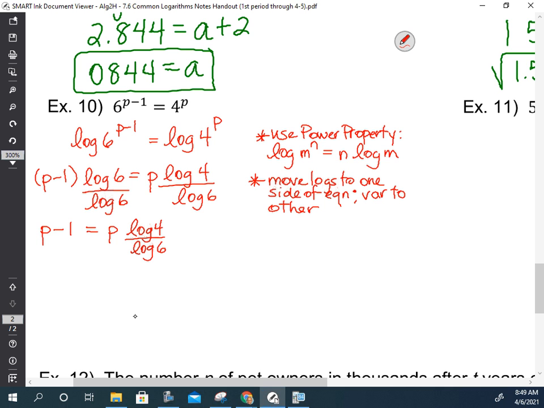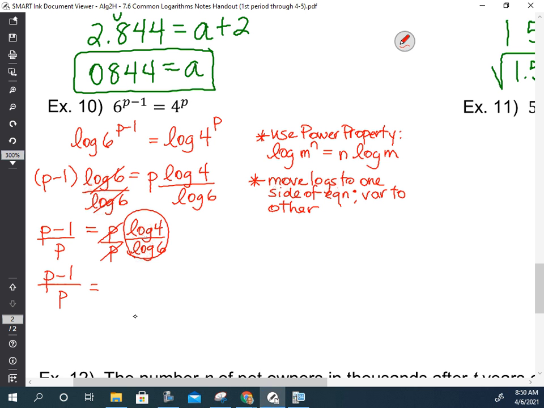Now I want the variable on the other side. This p, I want to move to the other side. P is multiplying, so divide on both sides. Now those drop out. So p minus 1 over p equals log 4 divided by log 6.